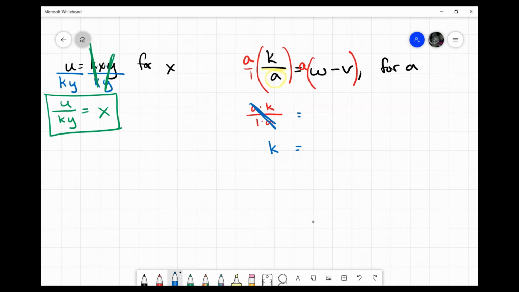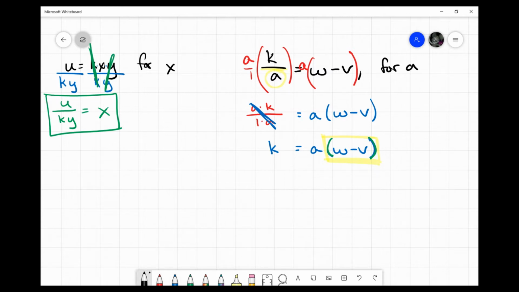On the right side, we have a is being multiplied to w minus v. I do not want to multiply out the a because I want to get a by itself. So because the parentheses are telling me multiplication, a is being multiplied to all of this, I'm going to want to do the inverse. I'm going to do the opposite.